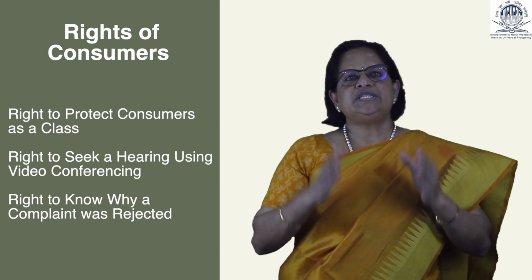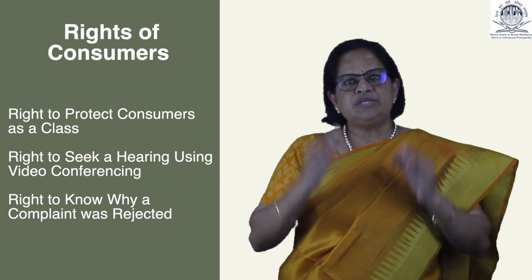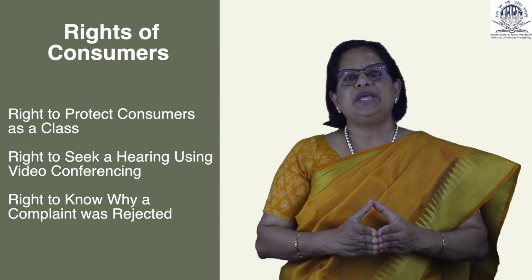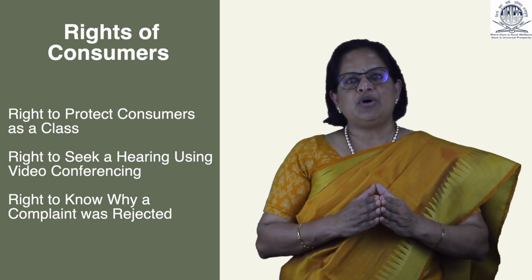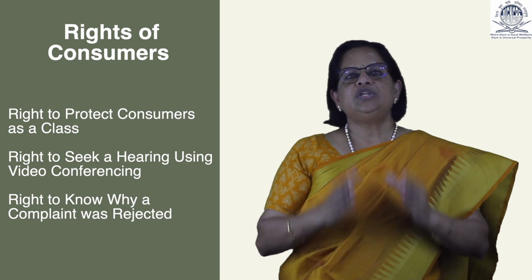The last right is the right to know why a complaint was rejected. It is important to note that no commission has the right to reject a complaint without hearing. The commission has to decide whether they are accepting or rejecting a case within 21 days.